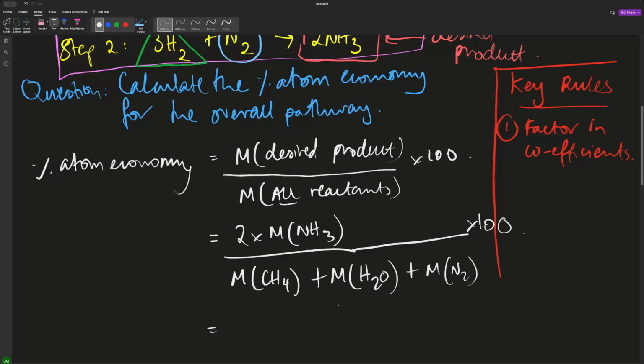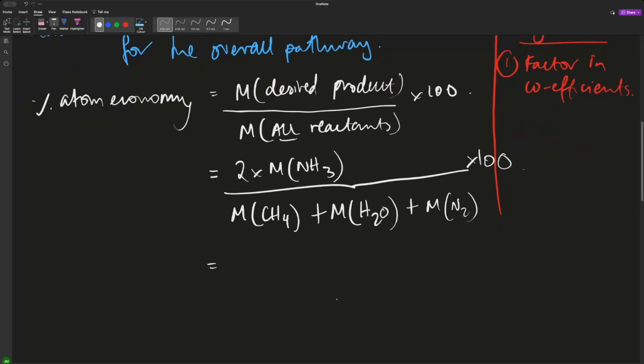Let's do the math slowly. Skip ahead if you like. So 2 times 17 divided by 16 plus 18 plus 28.